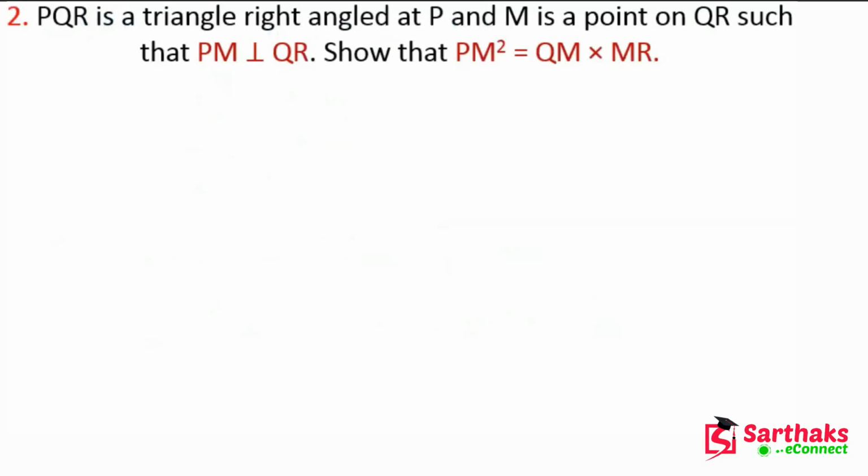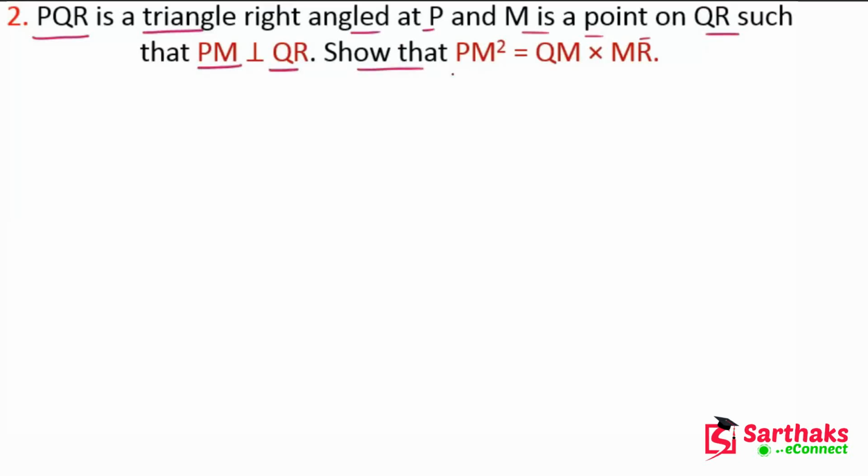Yes, so the second question is: PQR is a triangle right angled at P, and M is a point on QR such that PM is perpendicular to QR.